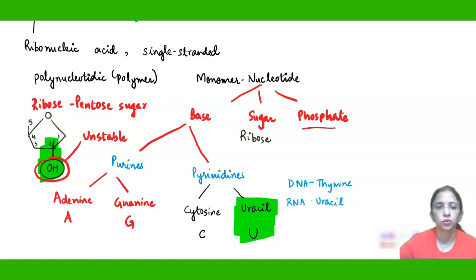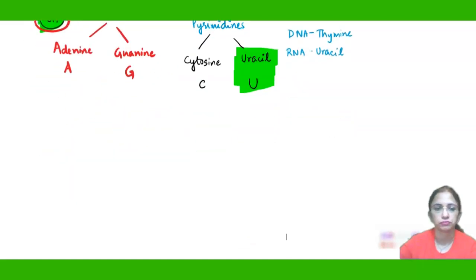So the nucleotide will be formed first, then many nucleotides will combine and the polynucleotidic structure will be formed. Suppose this is the sugar. I have already told you the positions C1, C2, C3, C4, and this will be C5. If you are to make the nucleotide, the phosphate group will attach here, and at the C1 position the base will be there.